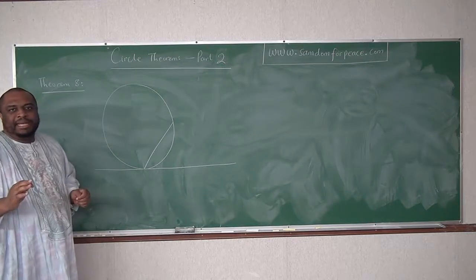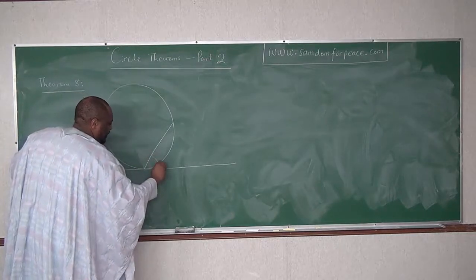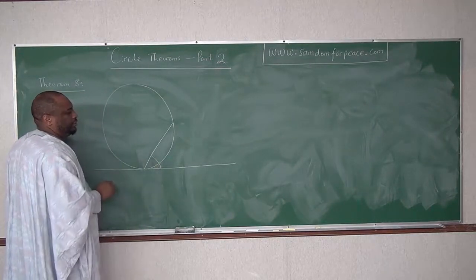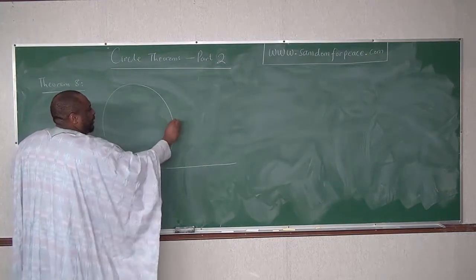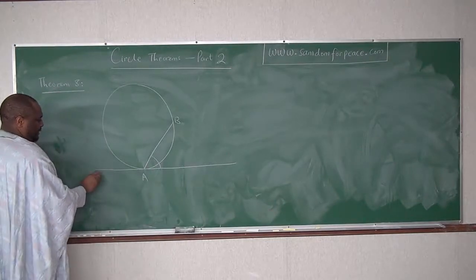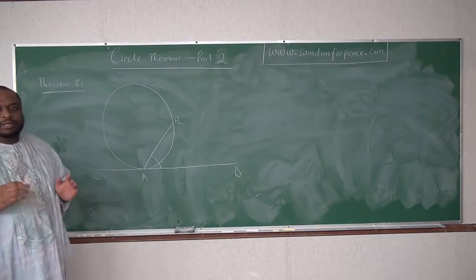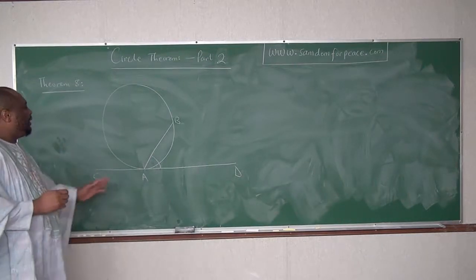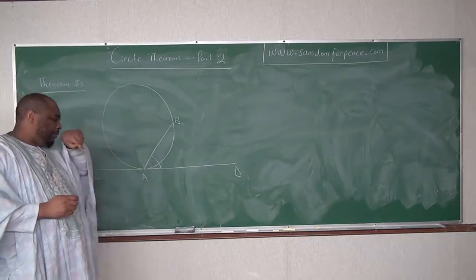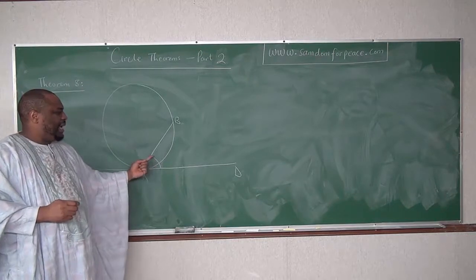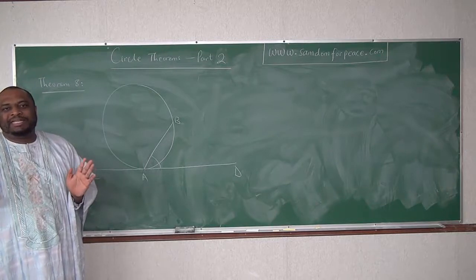Let me say I have chord AB and tangent CAD. What this theorem is saying is that the angle between a tangent and a chord is equal to the angle in the alternate segment.